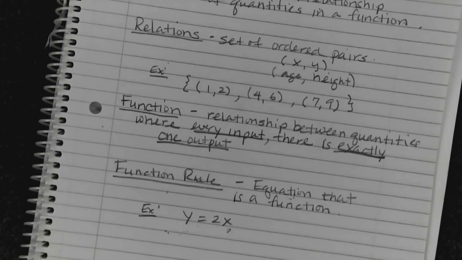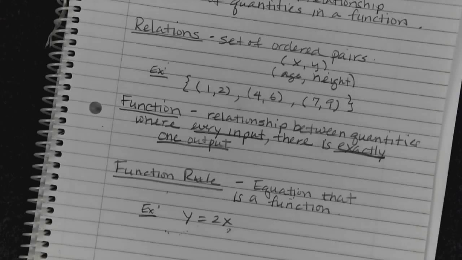This is an equation of a circle with the center at the origin. Here's my center, here's my x, here's my y. It has a radius of 2, so here's 2, 1, negative 1, negative 2. And then this is negative 1, negative 2, 1, 2. So when I graph this, I get this circle. And if you notice, when I have that circle, when x is equal to 1, how many y values do I have?